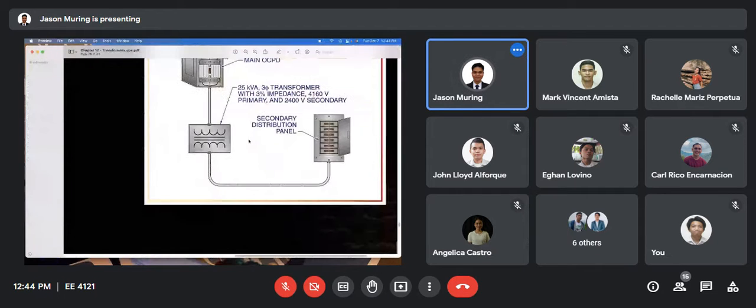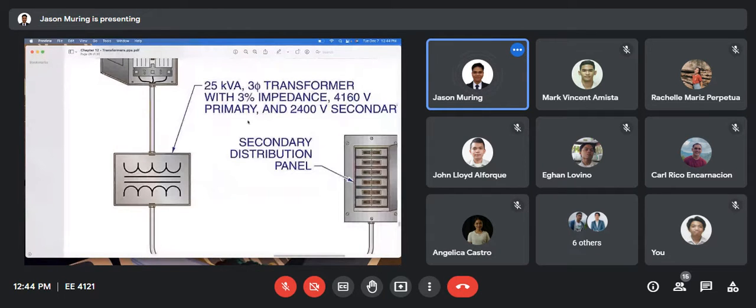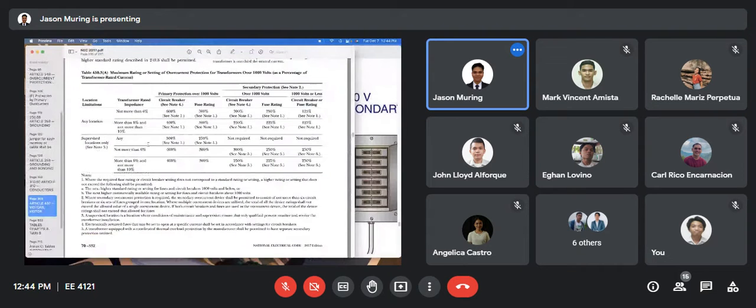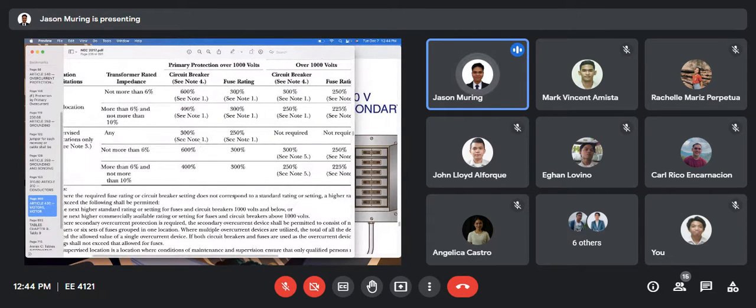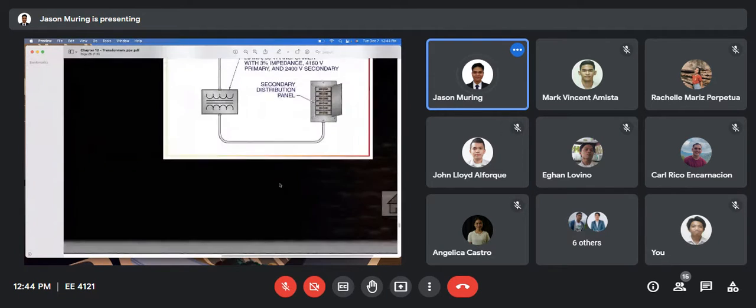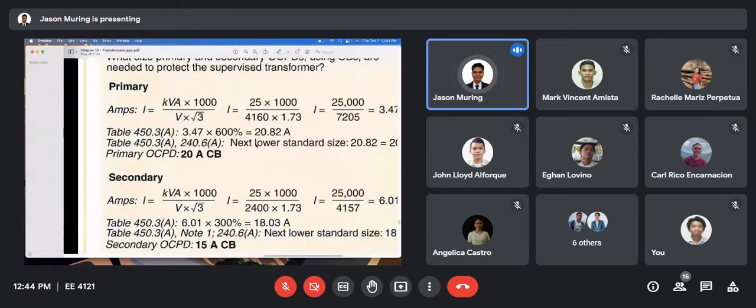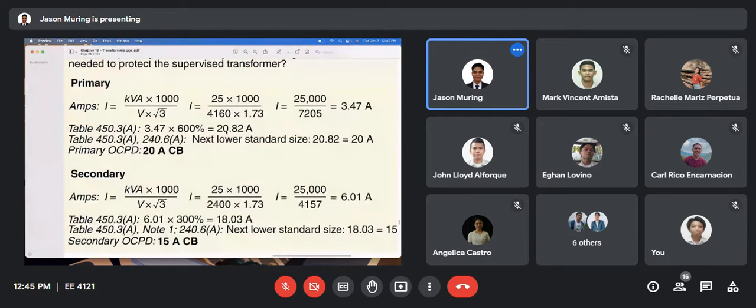Because the impedance here is 3%, not more than 6%, we use this multiplier. Since we're going to use circuit breaker, we use this 600%. So we have 3.47 times 600, so it's 20.82.